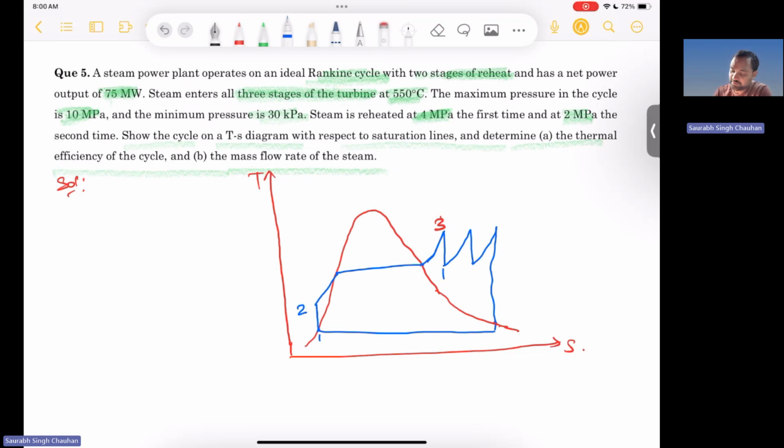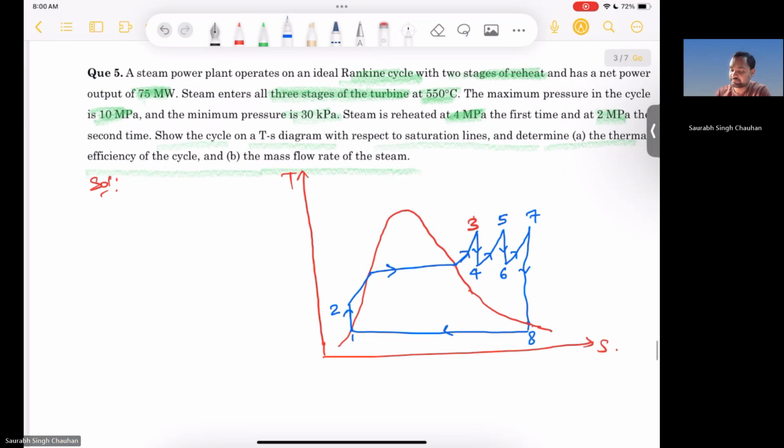Then 3 to 4 is the first turbine, 4 to 5 is the first reheat, 5 to 6 is second turbine, 6 to 7 is another reheat, and 7 to 8 is the turbine. So this is the whole process on the TS diagram.